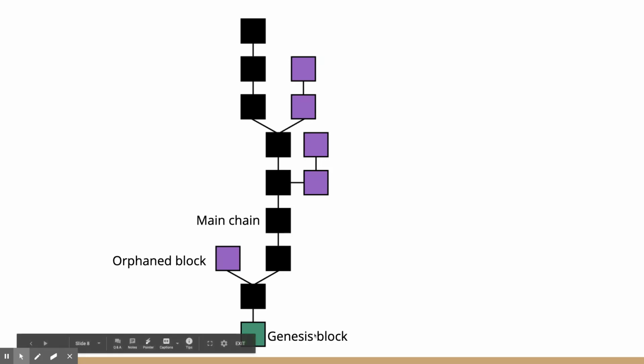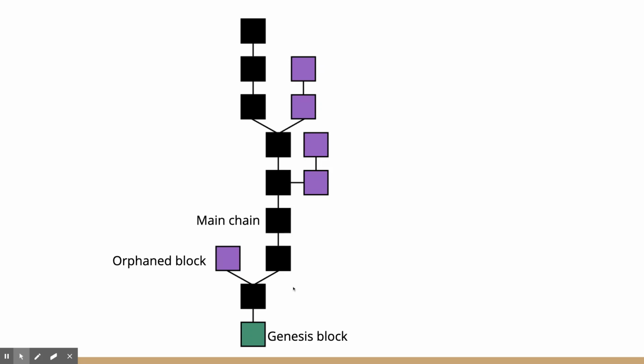So after the Genesis block, more blocks can be created, and as you can see, the black block gets created. And after that, there are basically two miners who create the same block, but they do it at the same time. So how do we decide at this point in time which block is the one that we're going to accept? Well, we don't actually accept this.